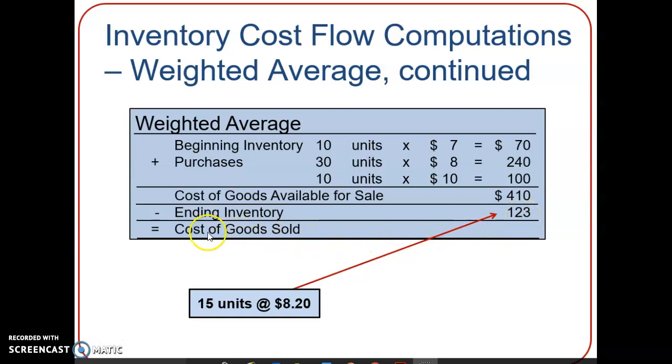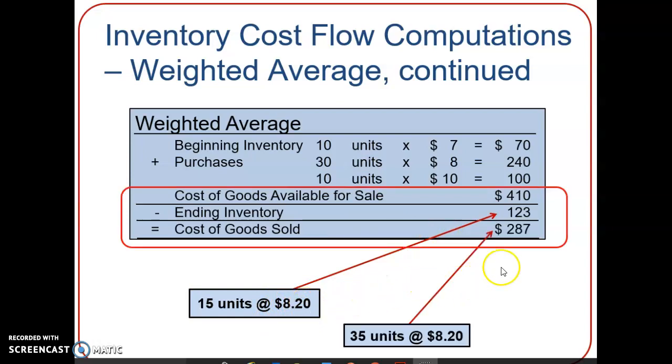We also know how many units are in the COGS because we sold 35 units, so the cost of goods sold is 35 units times the same unit cost, $8.20, which gives 287. Alternatively, you can use the total goods available for sale, $410, minus the ending inventory, $123, and we get the same $287.